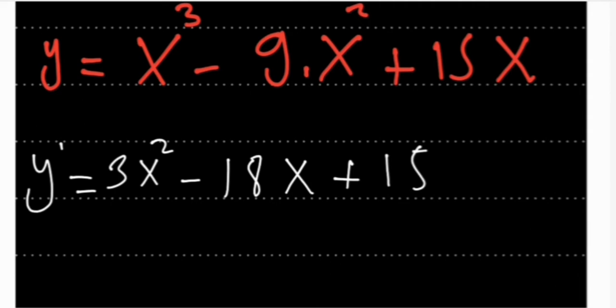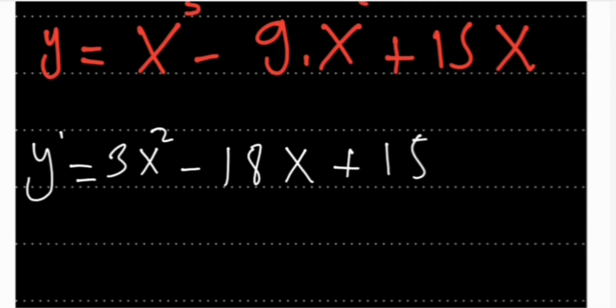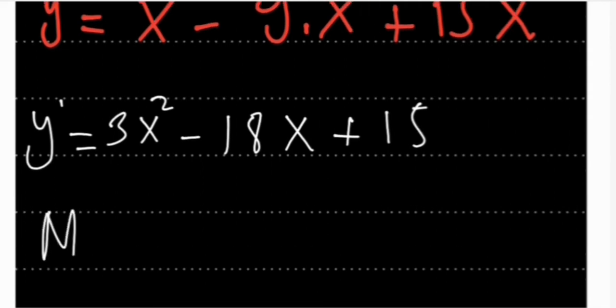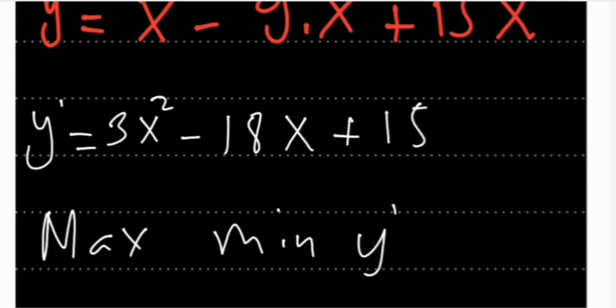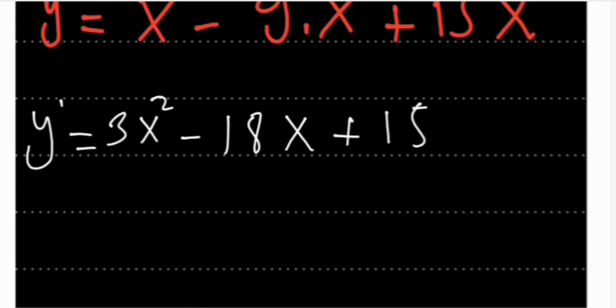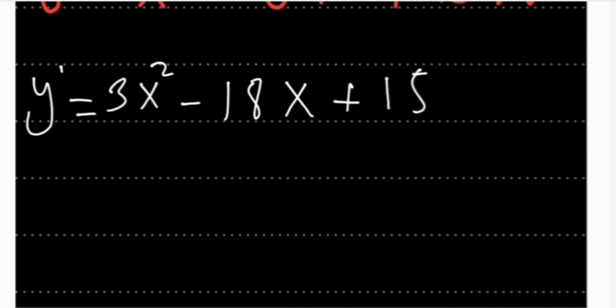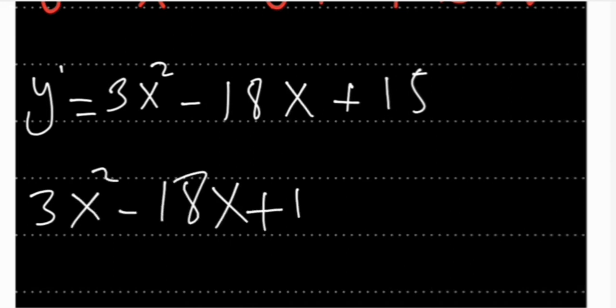So now we are going to say that at max and min, y prime is equal to 0, right? So 3X squared minus 18X plus 15 equals 0.